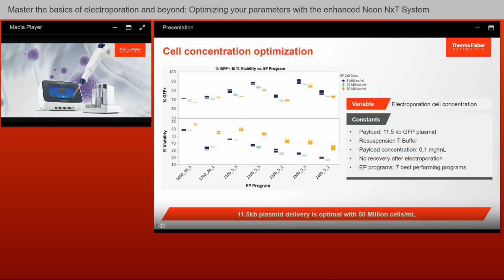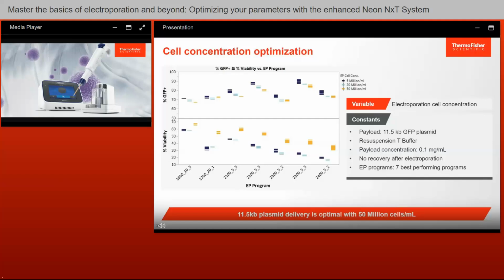The figure provides clear evidence that different cell concentrations affect electroporation performance. While the impact on percentage transfection efficiency was minimal, 5 million cells per ml slightly outperformed other concentrations across all 7 programs.